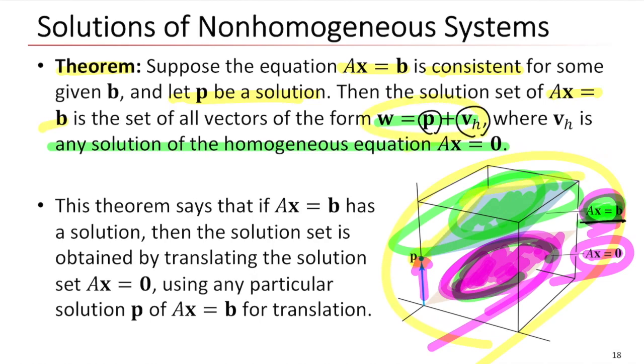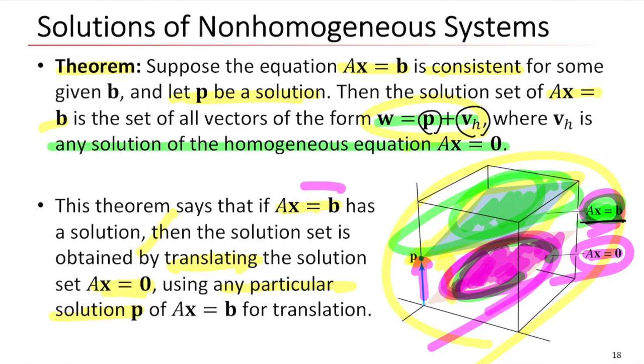So this equation makes this translation in the 3D space. Okay, so this theorem says that if Ax = b has a solution, then the solution set is obtained by translating the solution set of Ax = 0, using any particular solution.